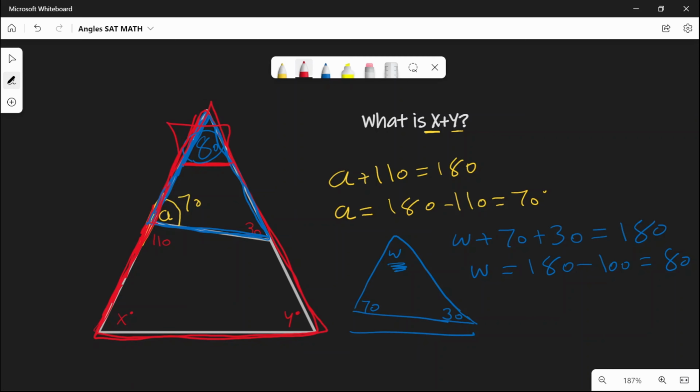So we know that x plus y, which is the other two angles of this triangle, plus 80 is equal to 180 degrees. Solving for x plus y will equal to 180 minus 80. So x plus y will be 100 degrees.